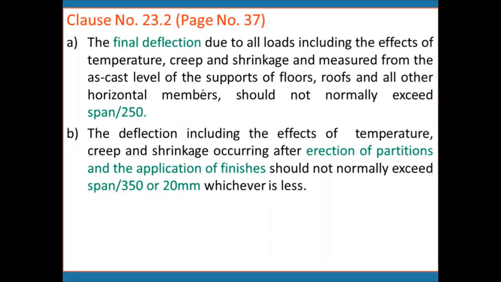Then the next clauses are related to the deflections. First we will see clause B, then we will go to clause A. The deflection, including the effects of temperature, creep and shrinkage occurring after the erection of partitions and the application of finishes. Suppose you have cast a beam like this.